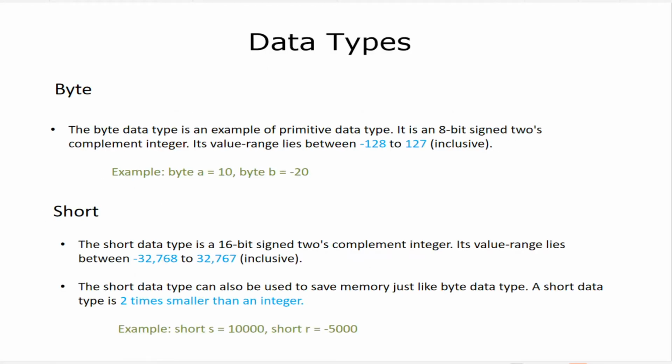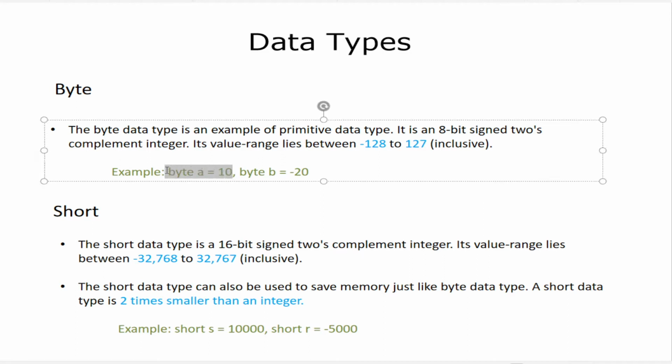So for byte, data type is an example of primitive data type. It is an 8-bit signed 2's complement integer. Its value lies between -128 to 127 inclusive. So for example, if you want to initialize byte in Java, we do this.